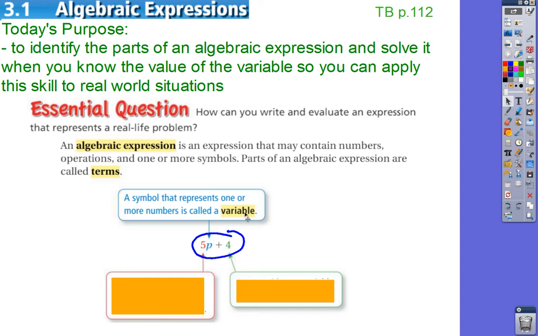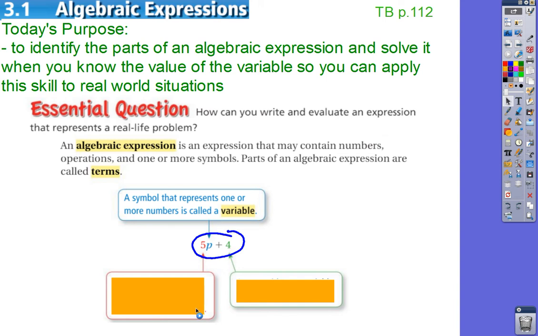Variables are letters that are substituted into a numeric expression when we don't know what the number is that we need to substitute in there. So 5p means we're going to multiply 5 times a number, but we don't know what that number is, so that's why p is there for the variable.